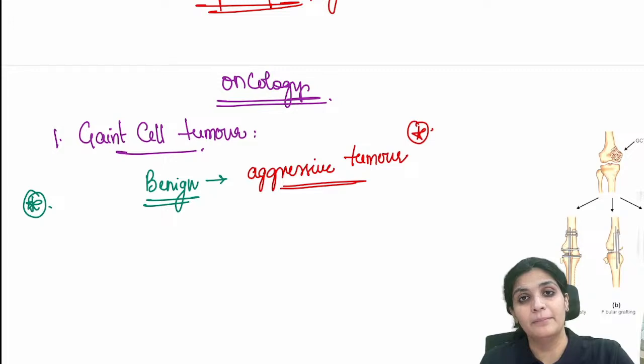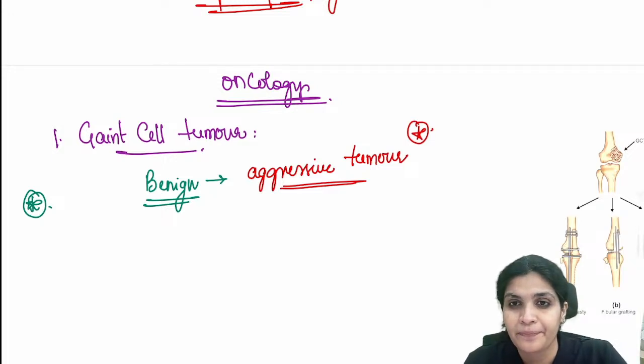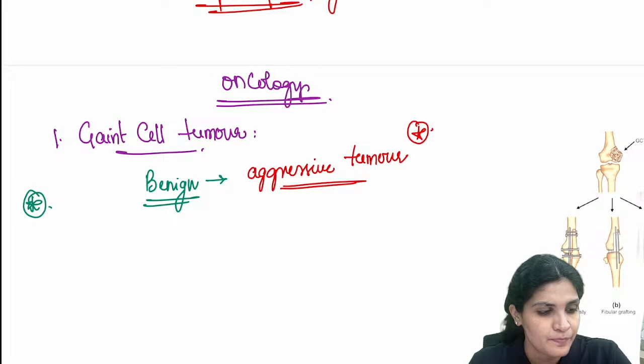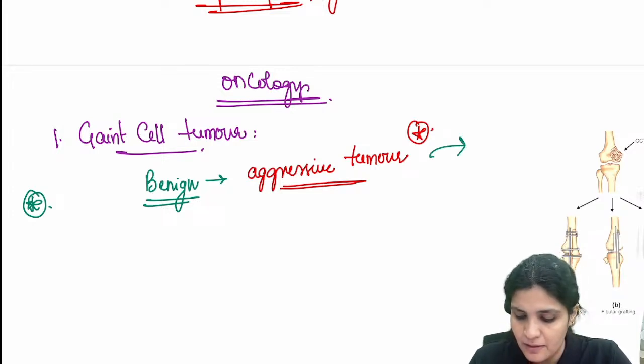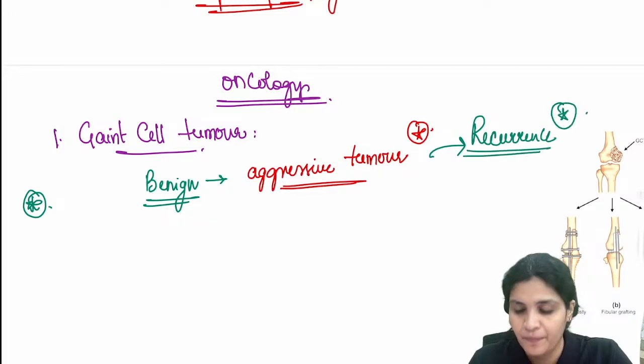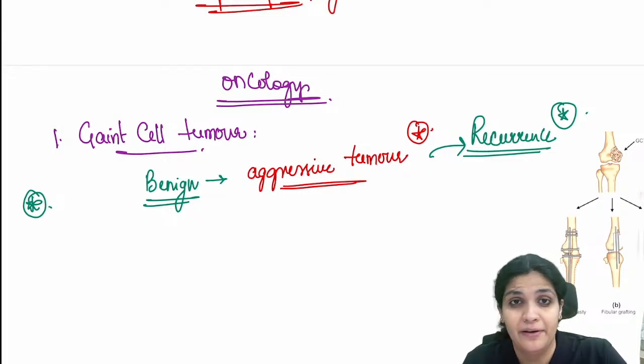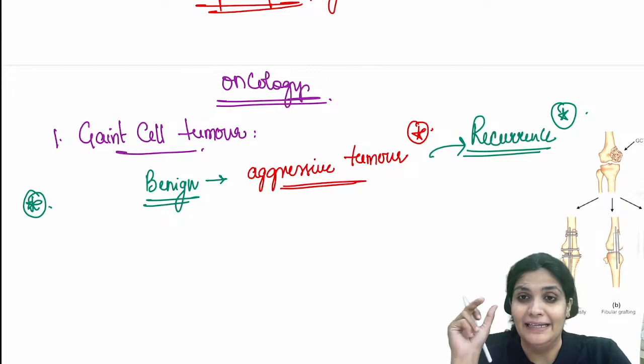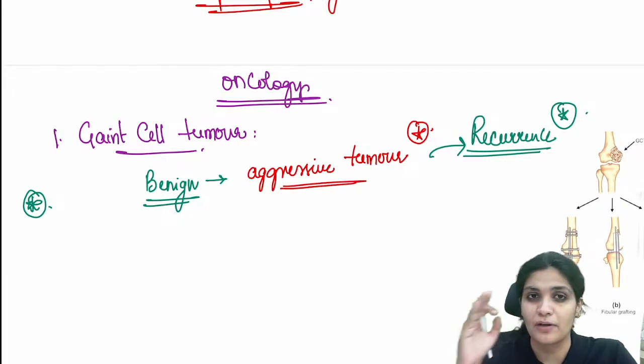Why did I use the term benign aggressive tumor? Because we are very much worried about the recurrence. The recurrence rates are very high. Hence it is called a benign aggressive tumor, right? So it is a separate category. It is not a purely benign category, nor malignant. It is a benign aggressive tumor.